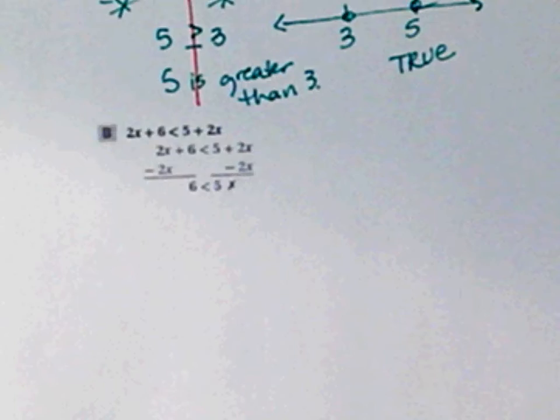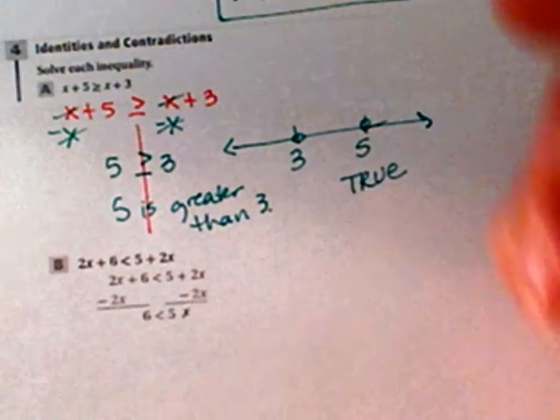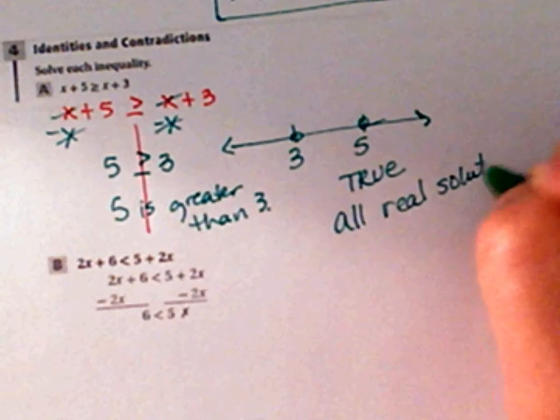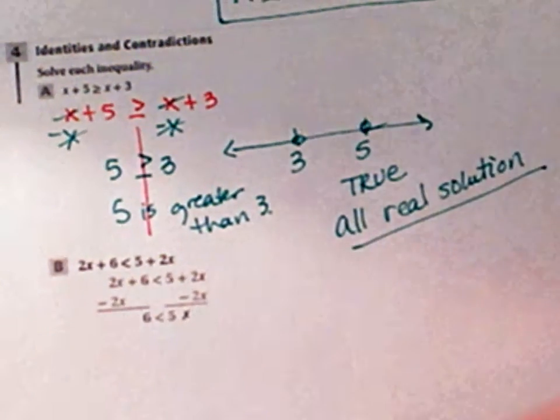When you get something like this, you write all real solutions because it is always true. Let's go to part B.